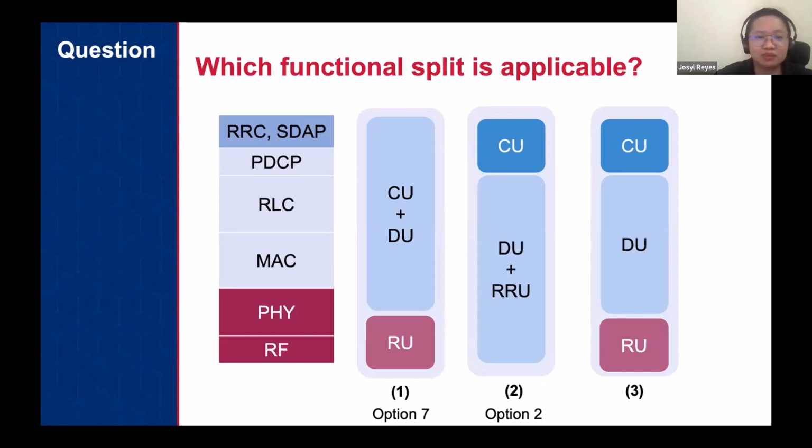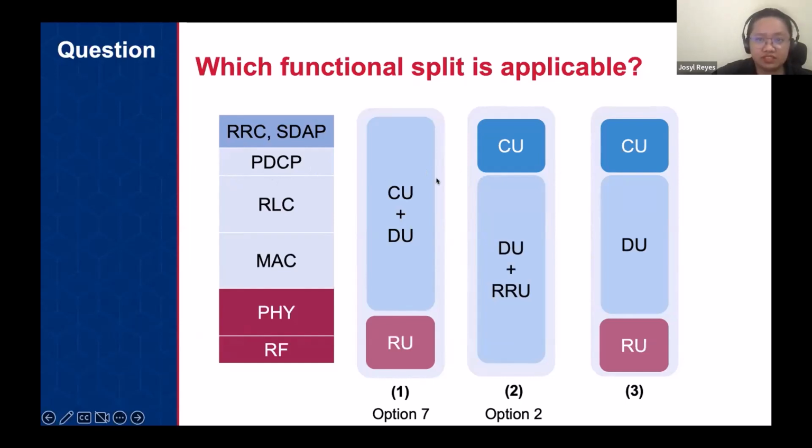Okay, so actually this is option 7. Option 8 is when you have the split at the RF. When the split is in the middle of the physical layer, it's option 7. So this is option 8, option 7, 6, etc. So you can count them.